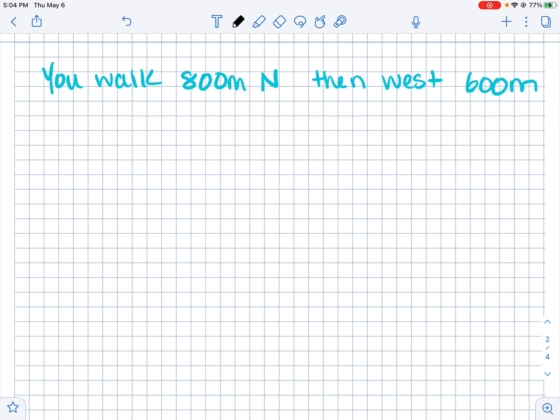Okay, let's say everything's not in a straight line here. Let's say you're walking somewhere. You walk 800 meters north. And then you decide to turn west 600 meters. It might be a terrible diagram.